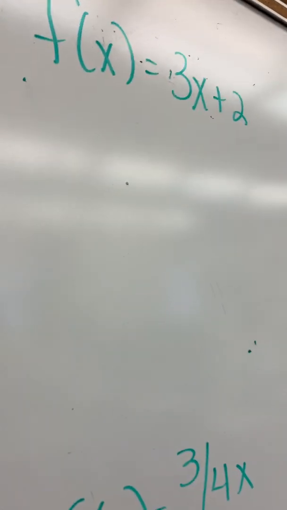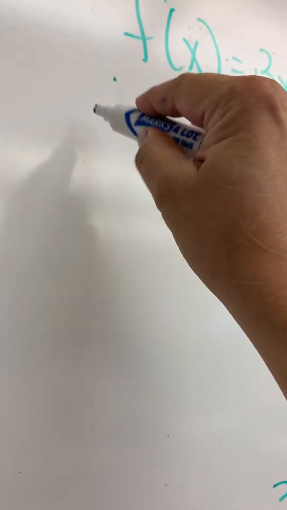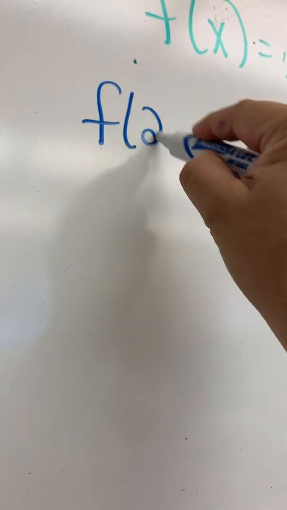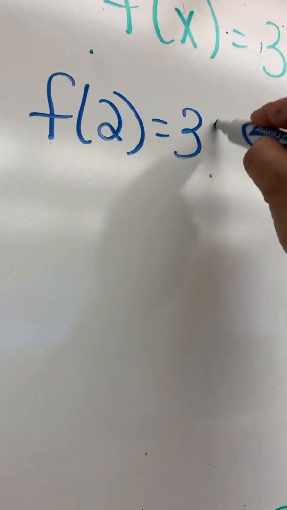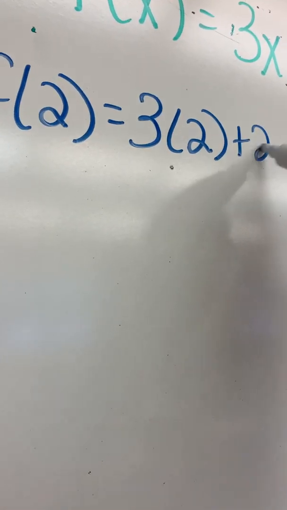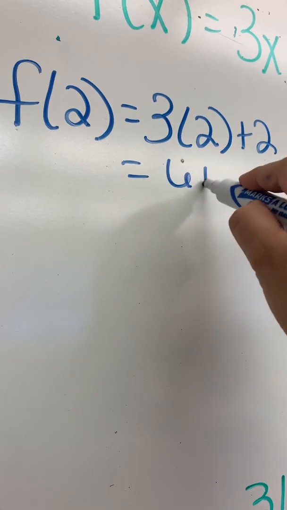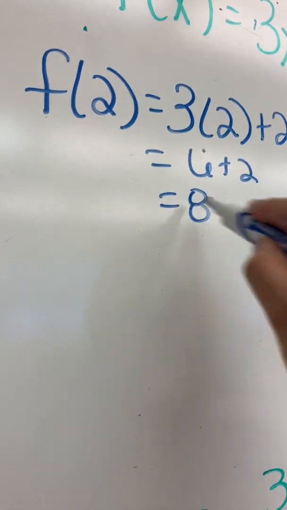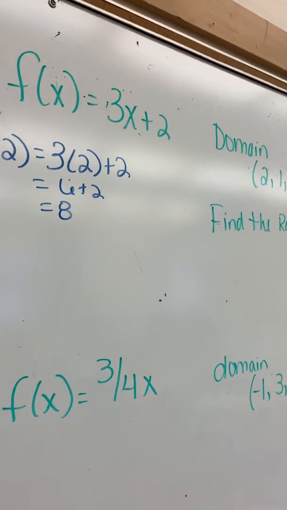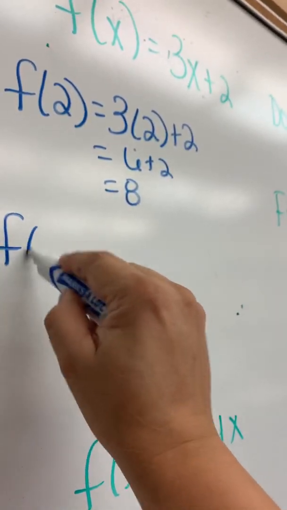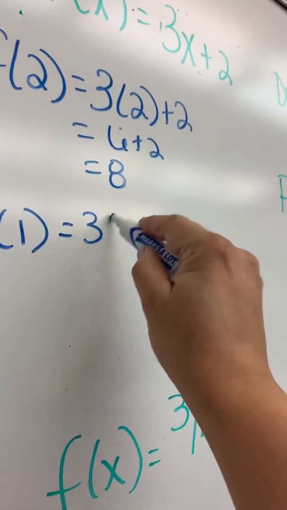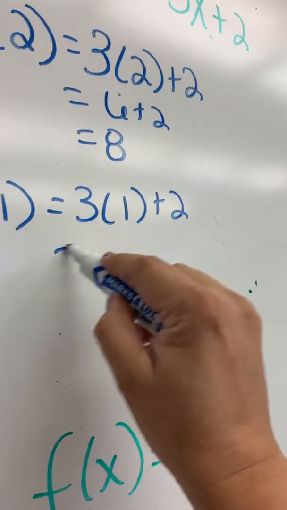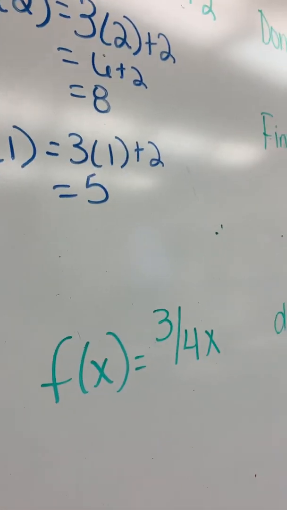So the very first number I'm going to plug in is 2. So I'm going to write it as f of 2 equals 3 times 2 plus 2, which is 6 plus 2, which is 8. Then we're going to find f of 1. F of 1, 3 times 1 plus 2, which is 5.